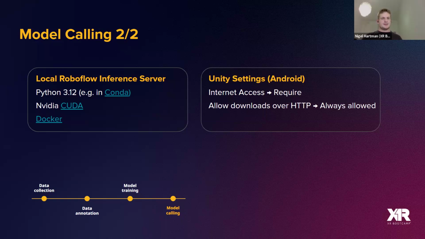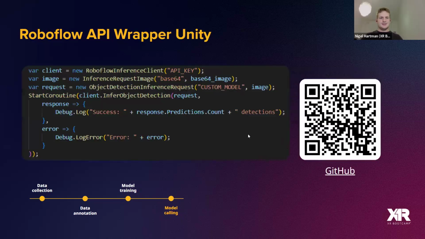And you need a container environment called Docker, where you can put these models inside and let them run. But I will show you that in some seconds. And in Unity, take care that you have internet access allowed, and that it is allowed to use this unsafe protocol HTTP, so that you can test it locally.